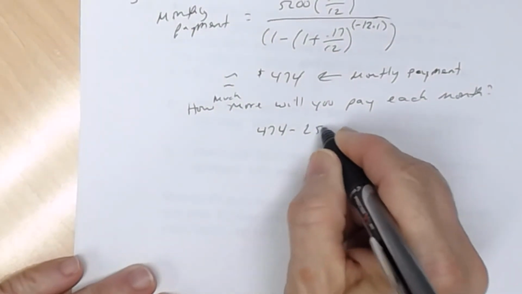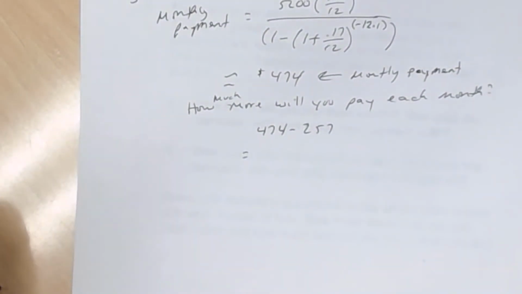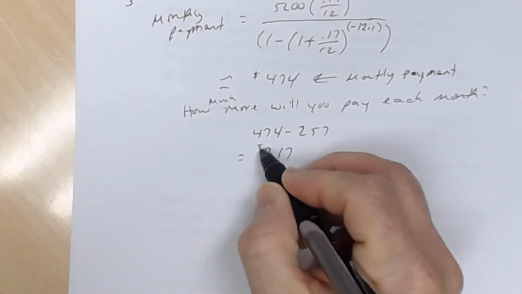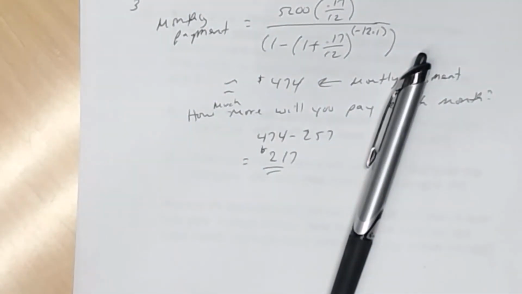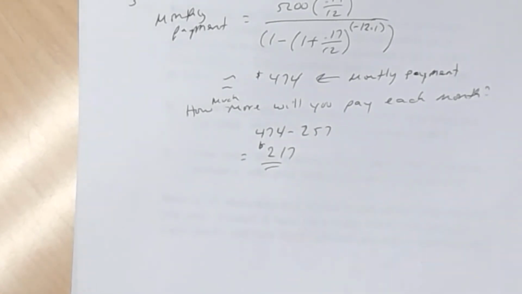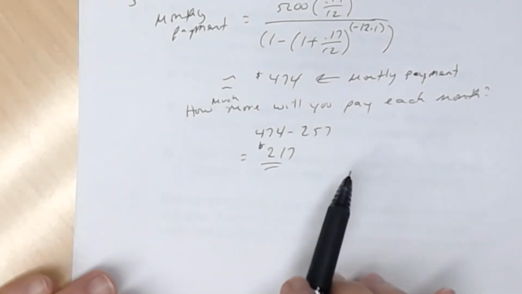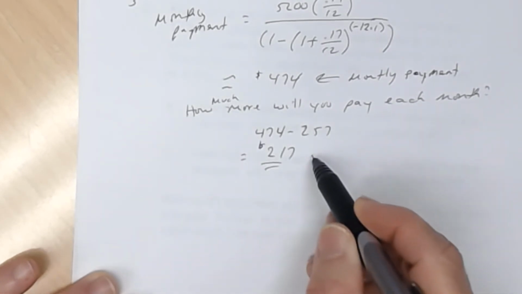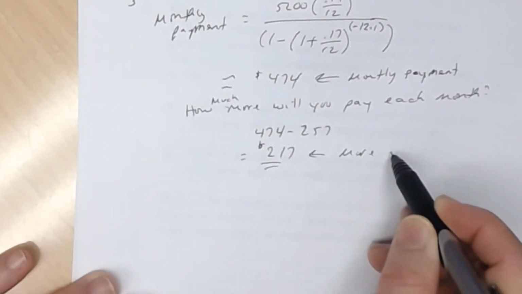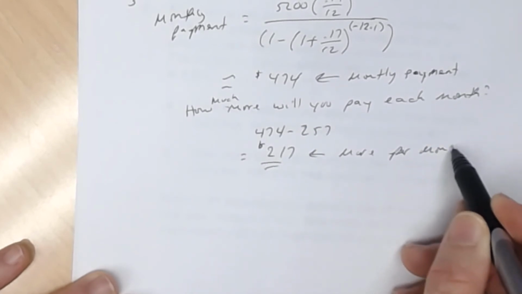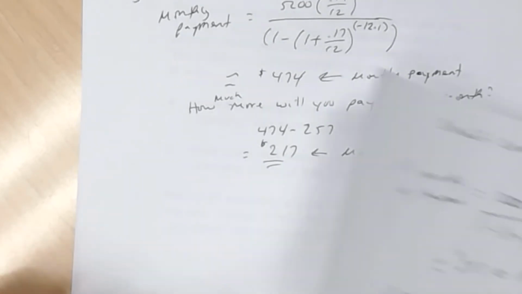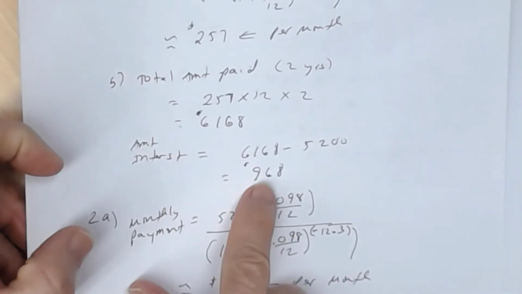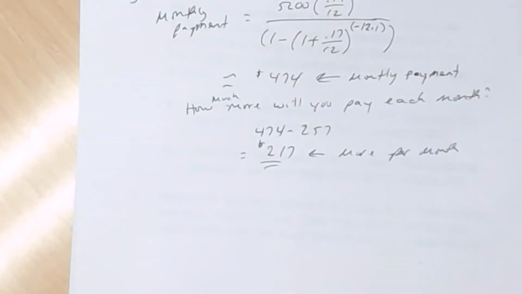You're going to subtract, and then when you do that, you get $217. So you have to pay this much more per month. Okay, so we get $217 per month more that we would pay. But what happens is that that's going to lower this interest that you would end up paying. So I think that's the next part.